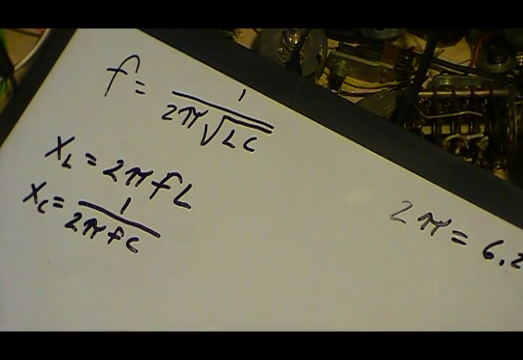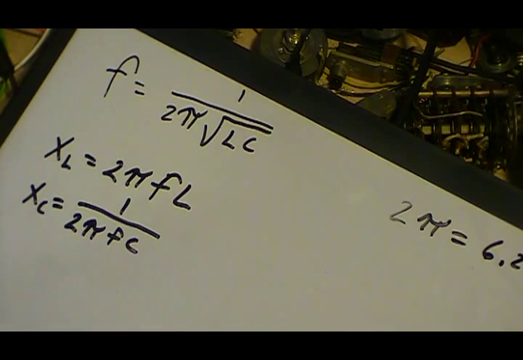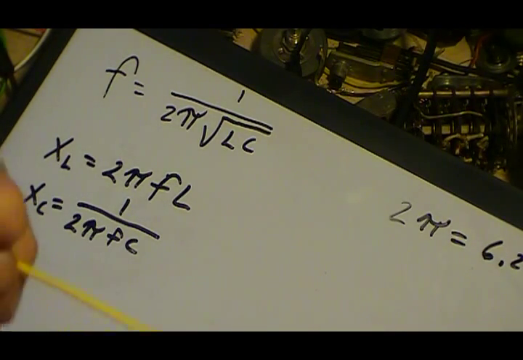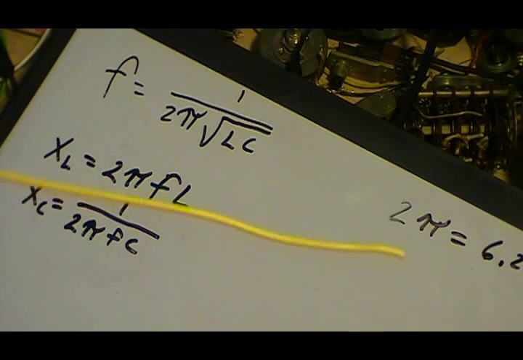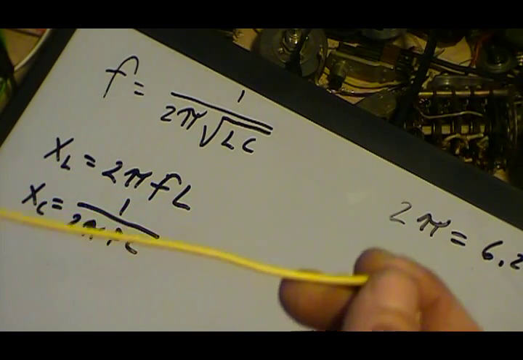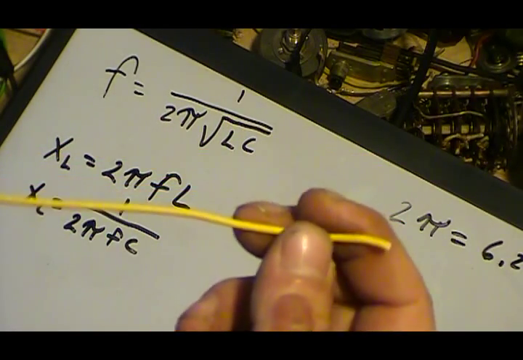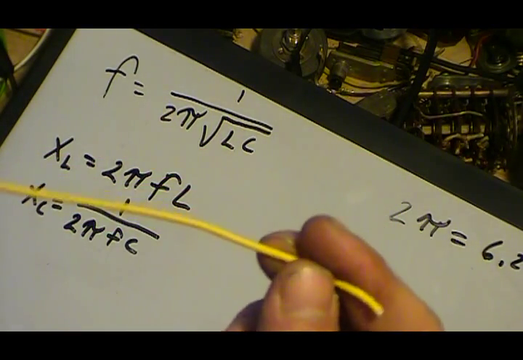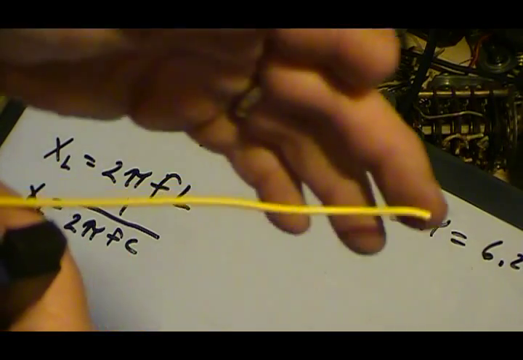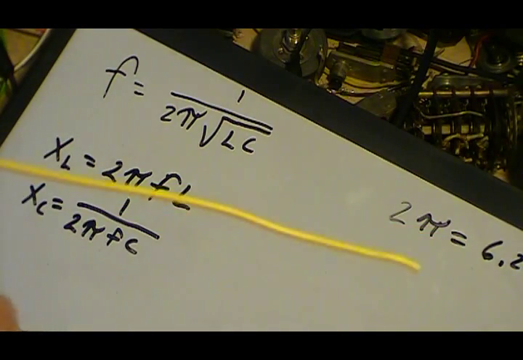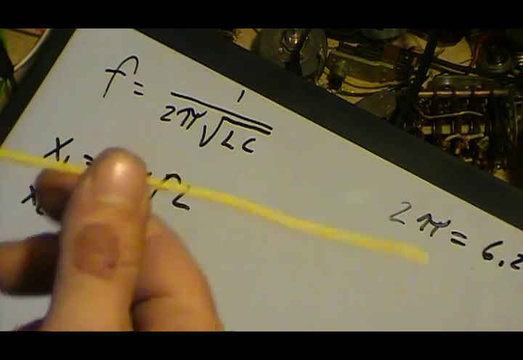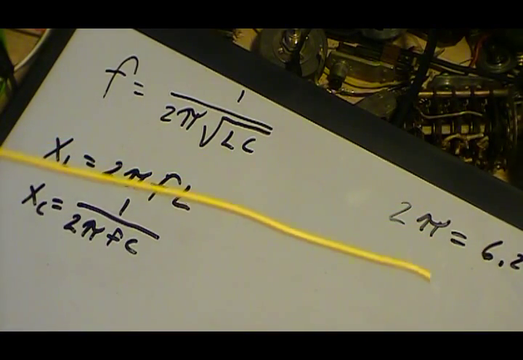Now, something I need to point out real quick about electricity. You got a piece of wire. If I put a voltage through this, and say it's DC, right off the bat, we'll start with DC. If I put a DC voltage through this wire, just a straight piece of wire, I hook it to, I don't care, 9-volt battery, whatever, it don't matter.